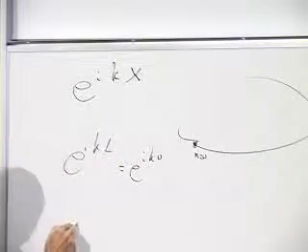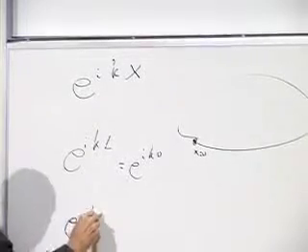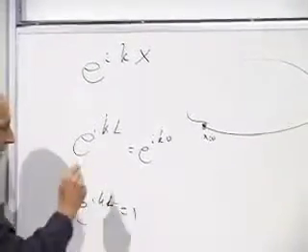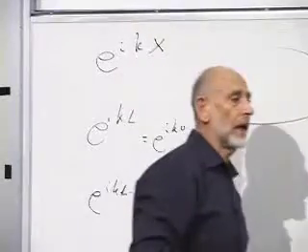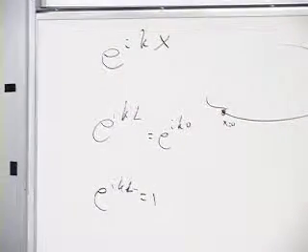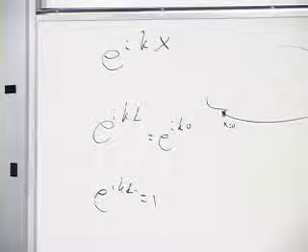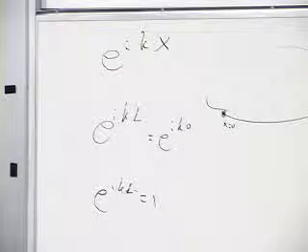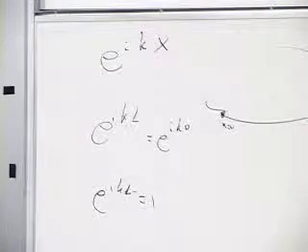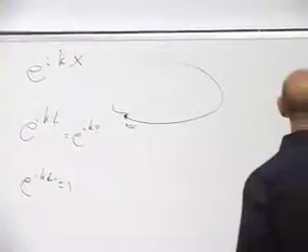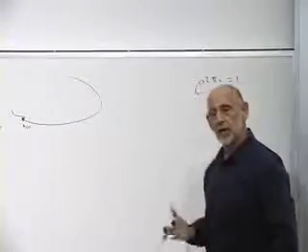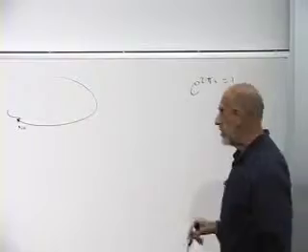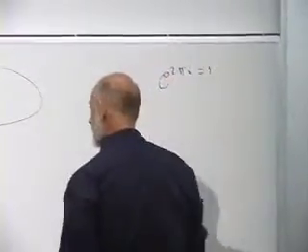And what does that mean? e to the i k L equals 1. What does that say? That says that k times L must be an integer multiple of 2 pi. e to the 2 pi i is equal to 1. How do I know that? Well, we can just work it out. Remember what the exponential means.